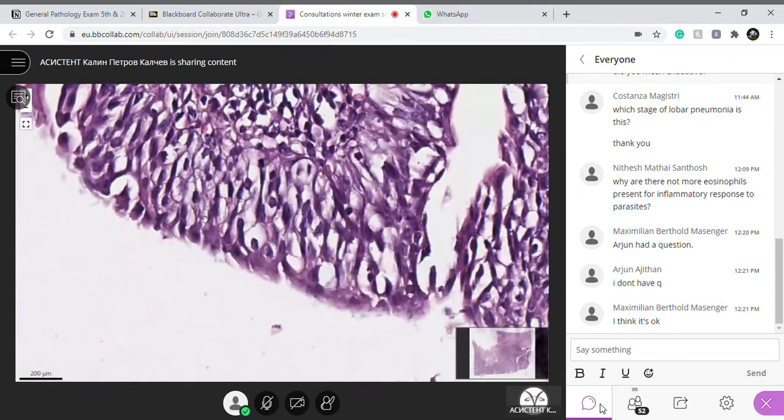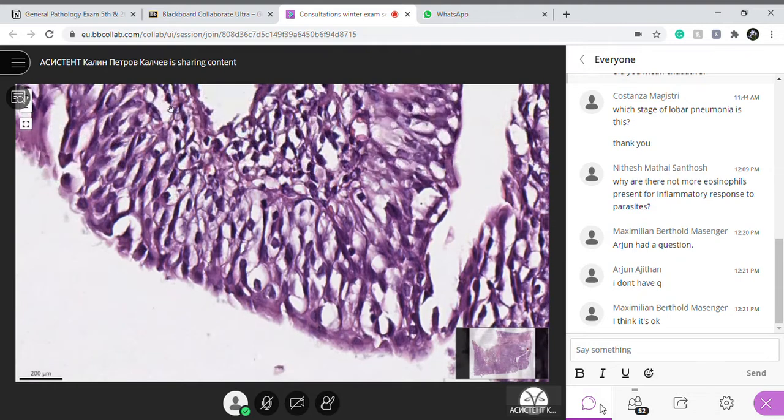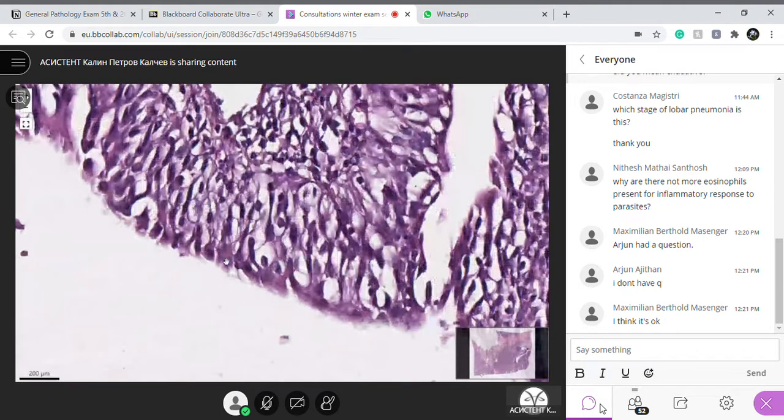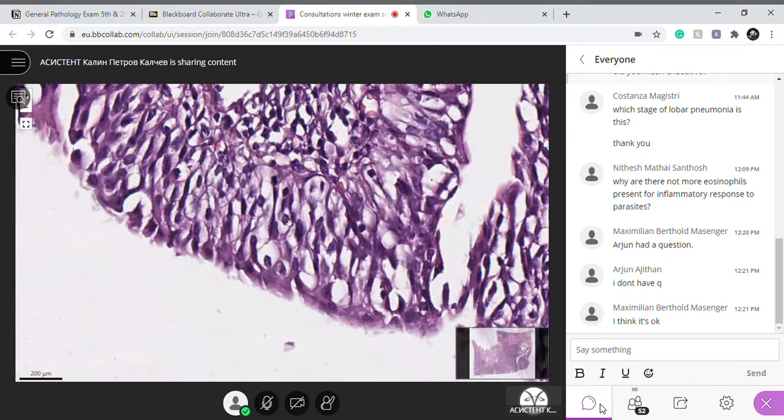Because in the columnar epithelium, usually the nuclei of the cells are located at the basal membrane. And here the nuclei are in different levels above the basal membrane. We have some which are at the basal membrane, and we have some nuclei that are at the top of those cells, and they look completely like each other.